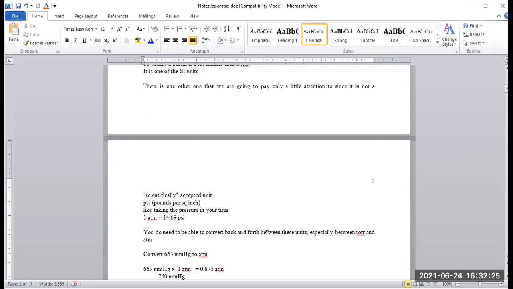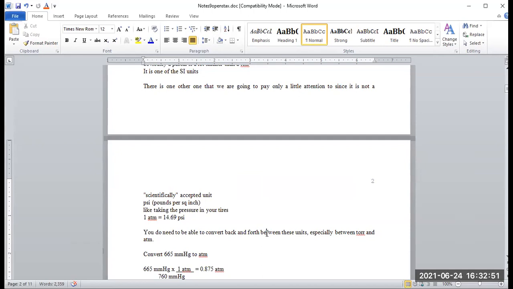PSI, pounds per square inch. So here in Tidewater, at ground level, every single square inch of your body is being squished on by 14.69 pounds of pressure.